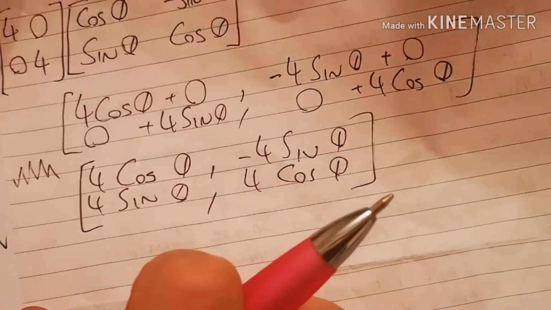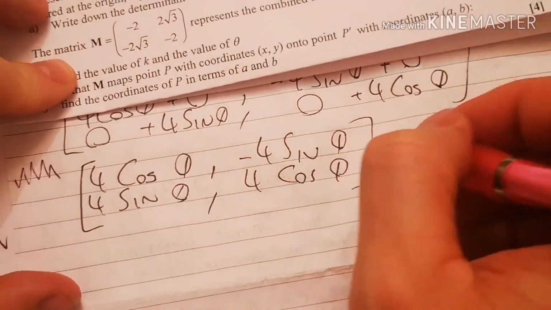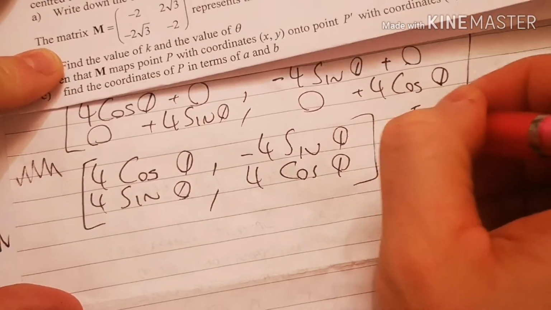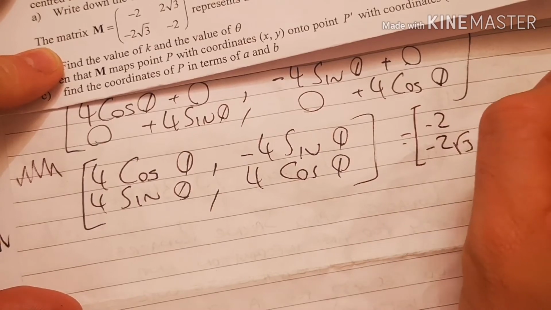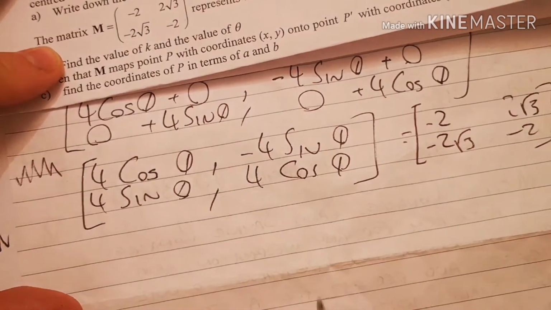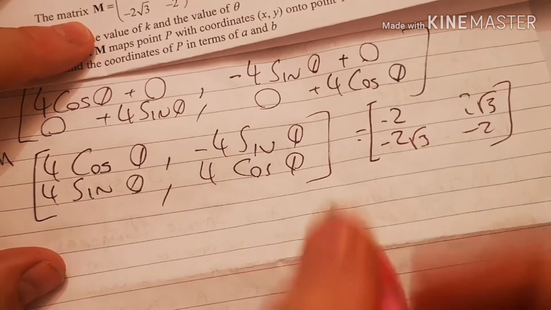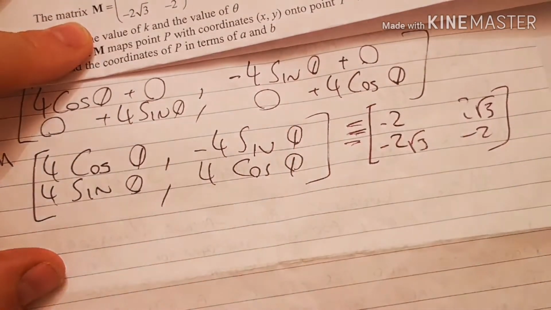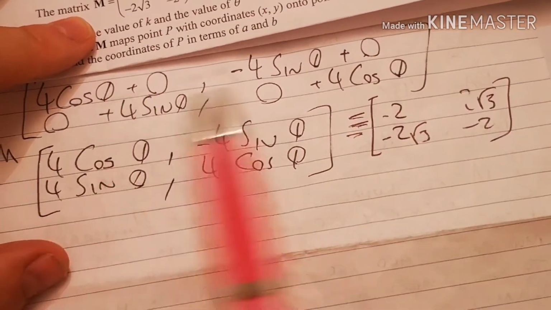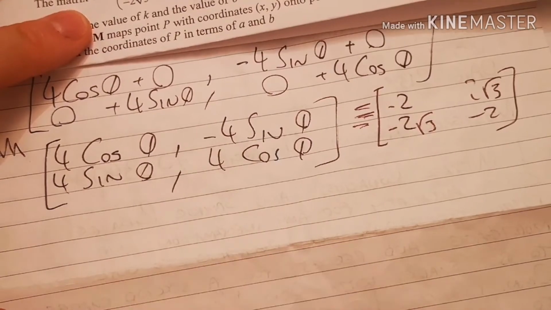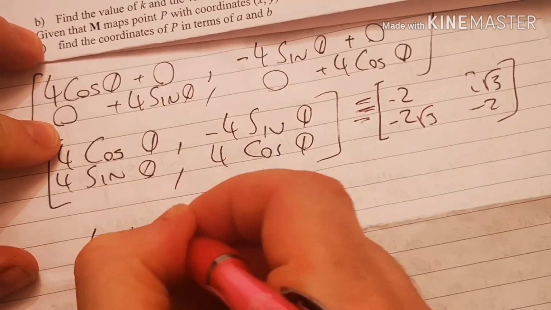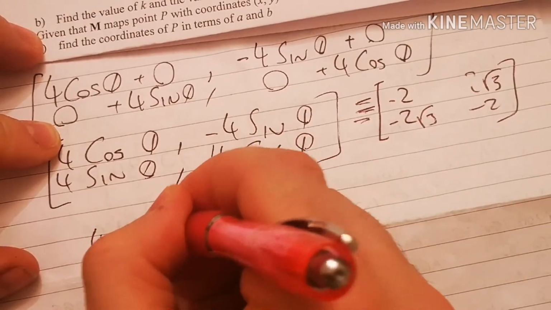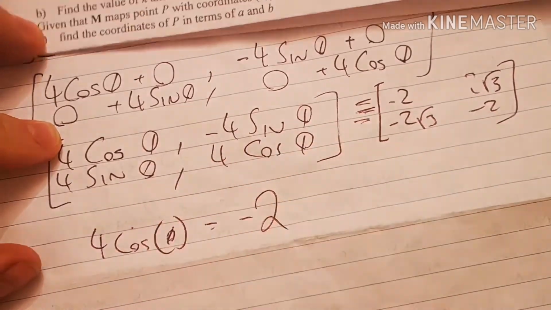And from the question, I actually know the value of all of these, so that's exactly the same as minus 2, 2 root 3, minus 2 root 3 and minus 2. And we know that these are identical to each other, so we've got loads of equations we can choose from. So I'm just going to use this one here. So 4 cos theta has to equal negative 2.